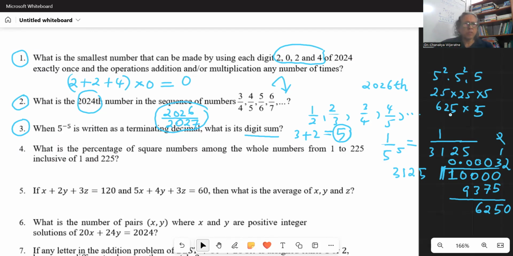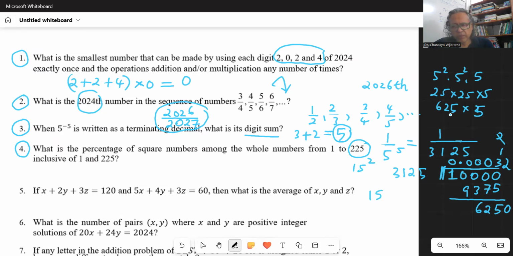Okay. Next question. What is the percentage of square numbers among the whole numbers from 1 to 225, inclusive of 1 and 225? Now, I know that this is actually 15 squared.